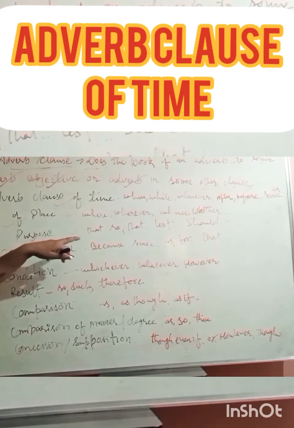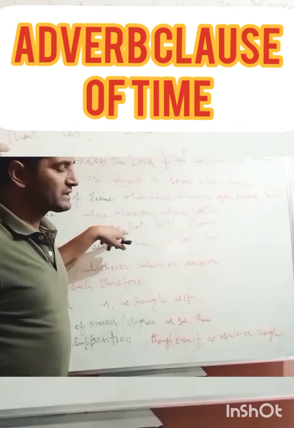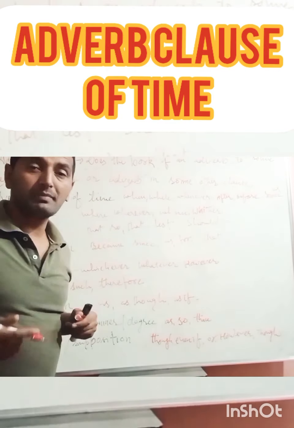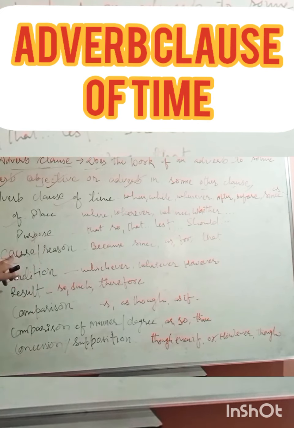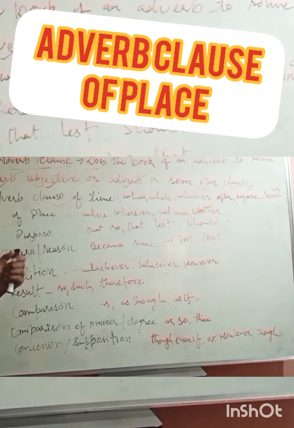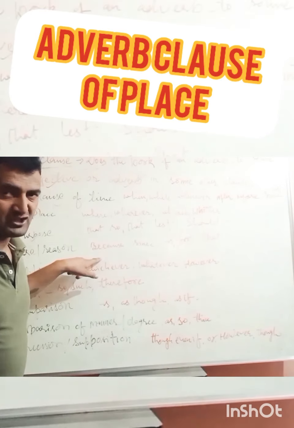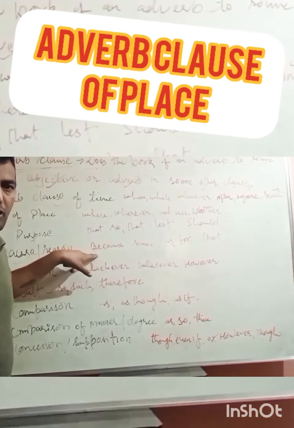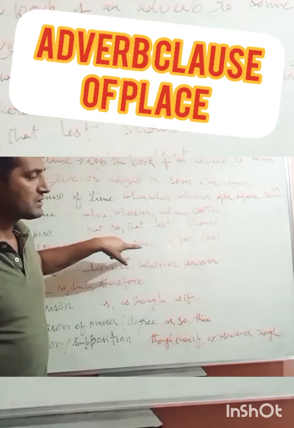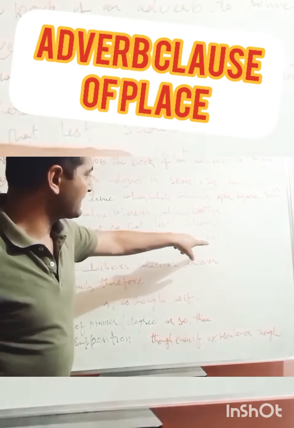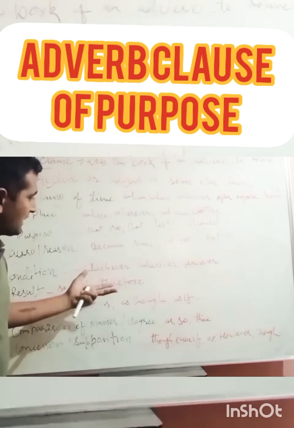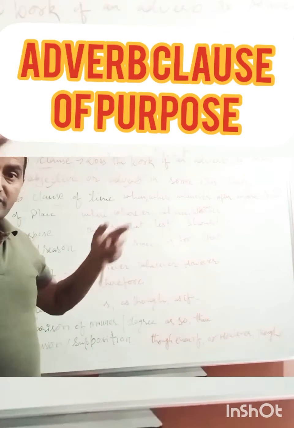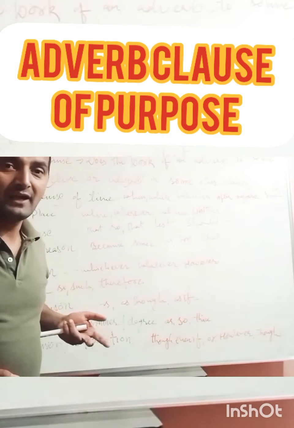If there is a purpose, that, so that, lest, should, etc. will be there in the clause. And if it is about cause and reason, the subordinate clause starts with because, since, as, for, that, etc. And now conditional: whichever, whatever, however, and such words can be given.